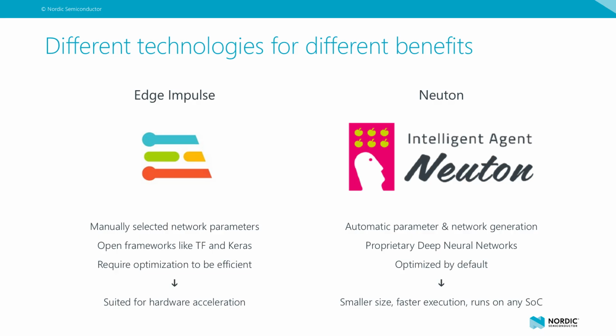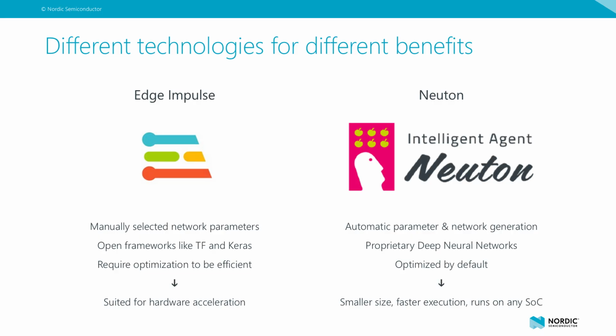This makes them suited for hardware acceleration, whereas the Neuton models are optimized by default, because Neuton builds these models to be only as large as the minimum number of neurons requires. That makes them smaller and faster to execute.